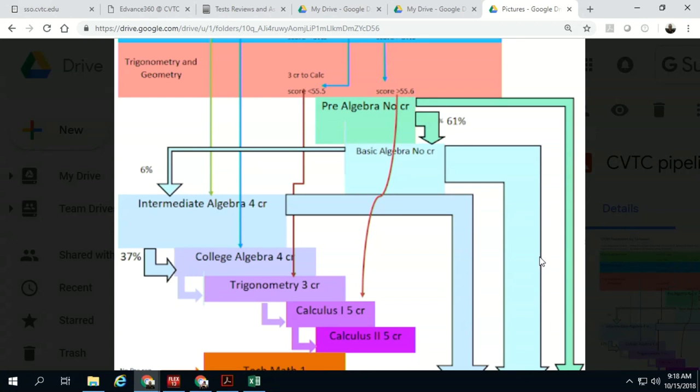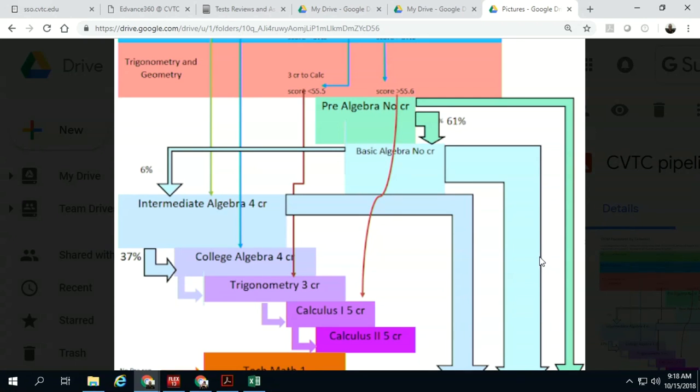It's very discouraging to not have the teacher in the room with you. So they also succeed. I think this pipeline is very interesting, but the most important thing about this is 63% of the people don't take another math class at CBTC.